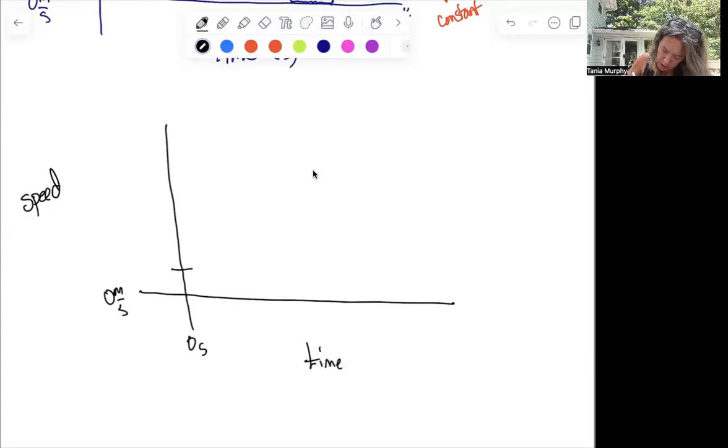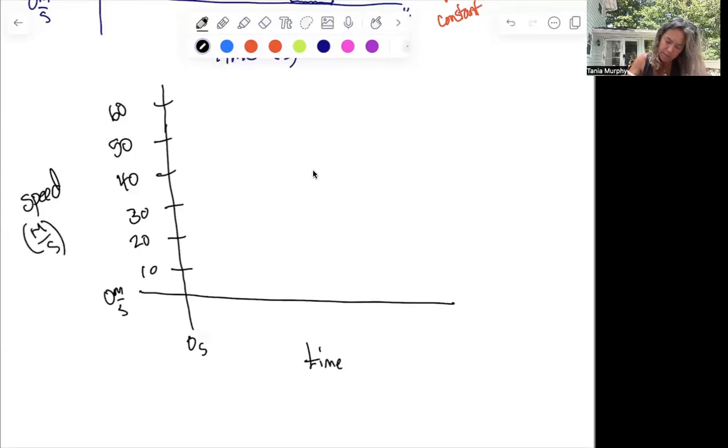Let's put 10 meters per second, 20, 30, 40, 50, 60 meters per second. Then down here, let's just do 2, 4, 6, 8, 10, 12.